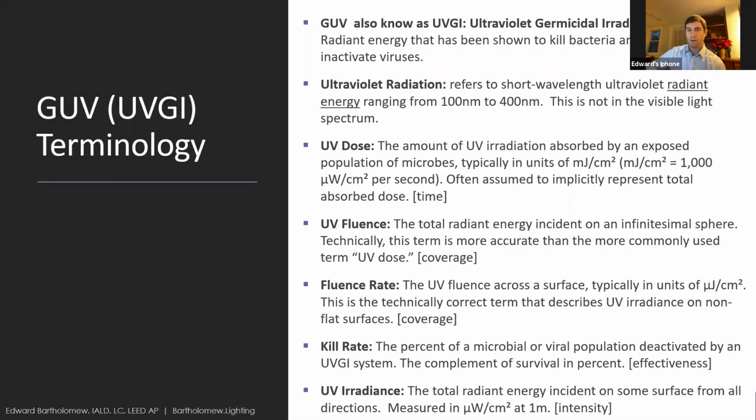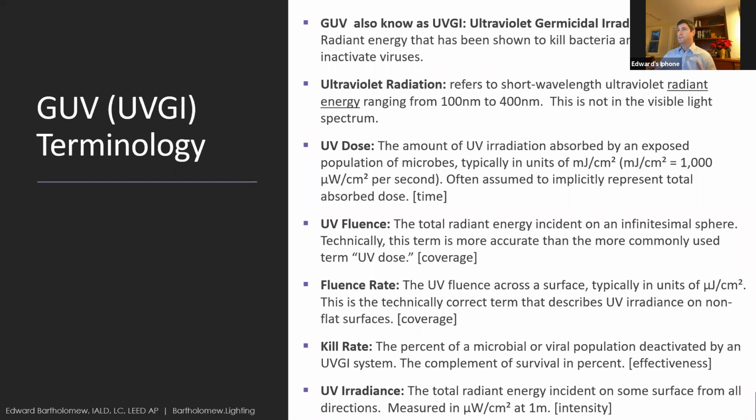So I can jump in here real quick and talk about some of the terminology that you'll hear. GUV is germicidal ultraviolet, also known as UVGI, which is ultraviolet germicidal irradiation. When we talk about the dose, that's really the irradiance over a period of time.